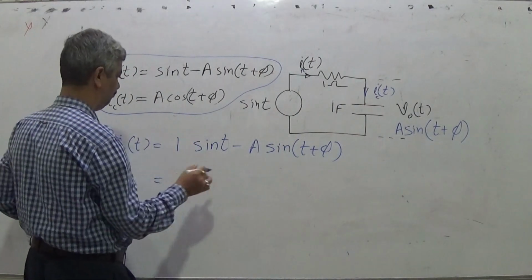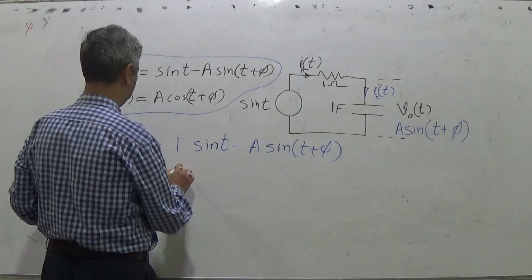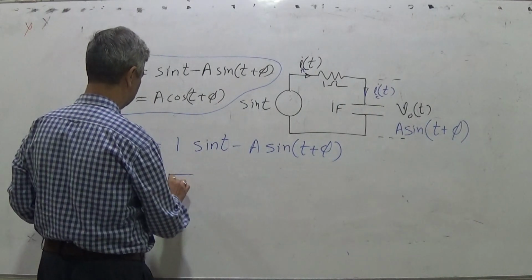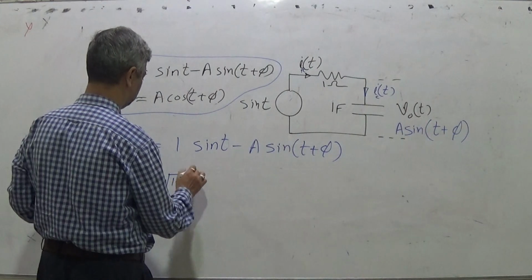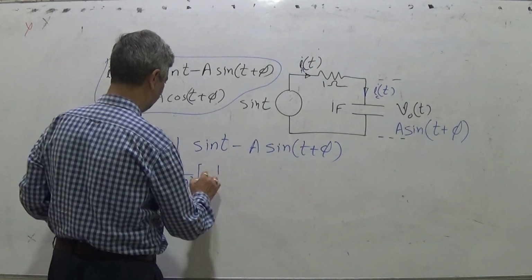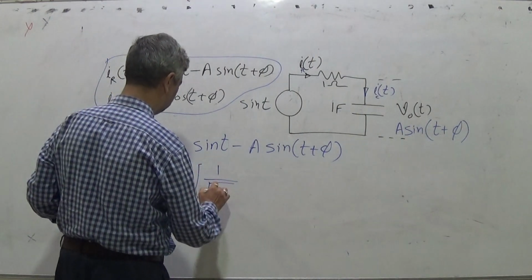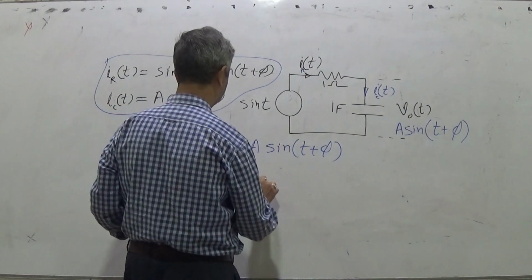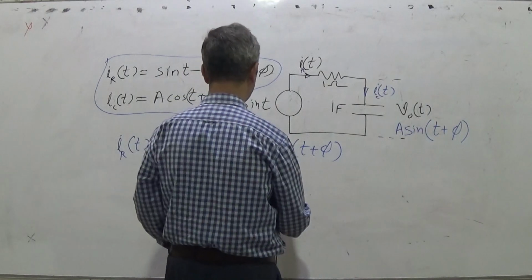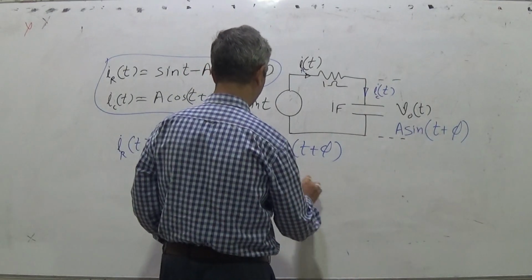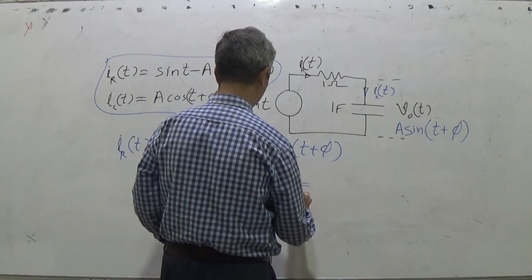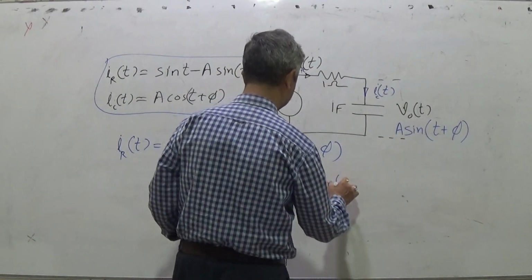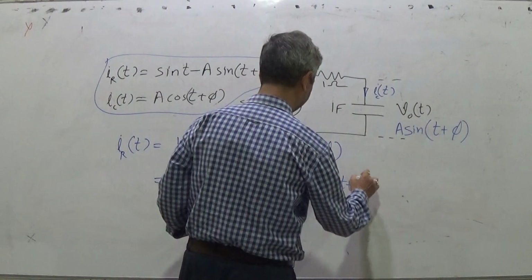I hope you might be aware, I can write 1 upon √(1 plus A square) sin t minus A upon √(1 plus A square) sin of (t plus phi).